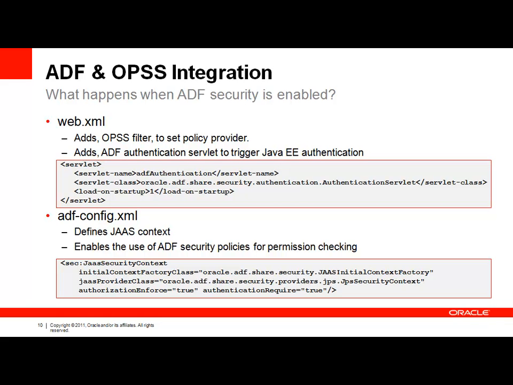It's the ADF configuration file, and this file contains an authorization enforced flag and an authentication required flag. If both are set to true, then that means that your application enforces authentication and authorization. You can also set authorization enforced to false and authentication required to true, in which case we only look for authentication but never try to authorize any resource access.